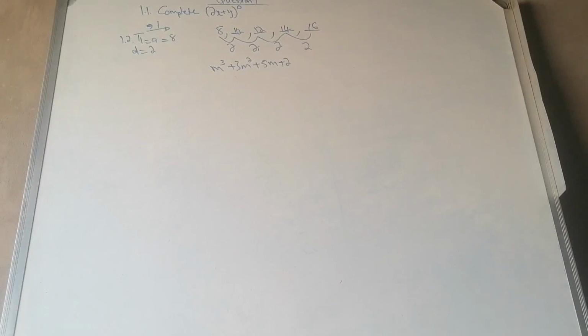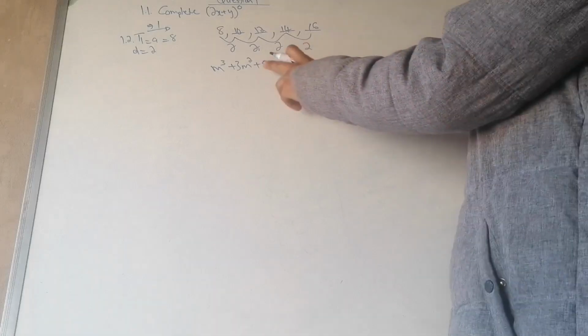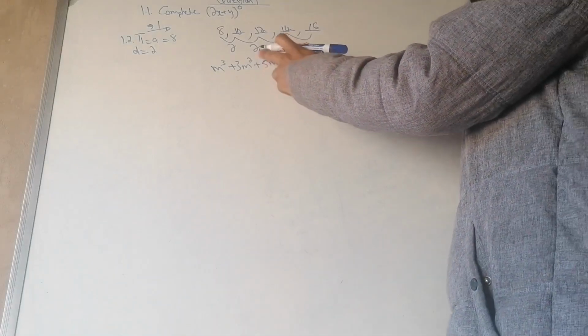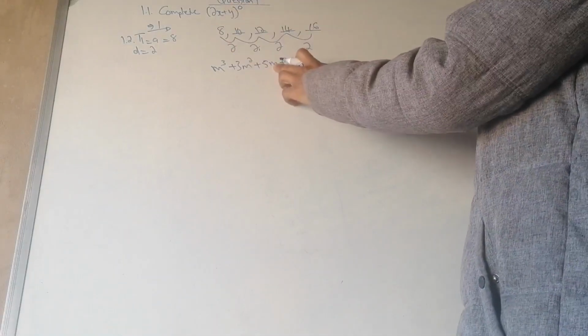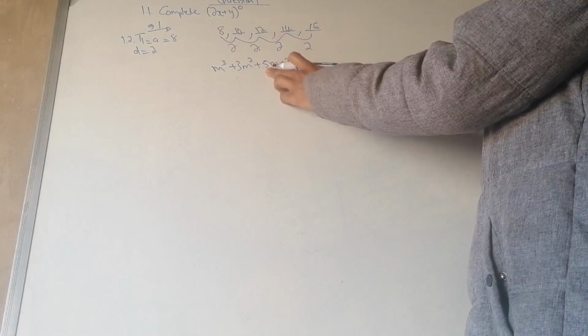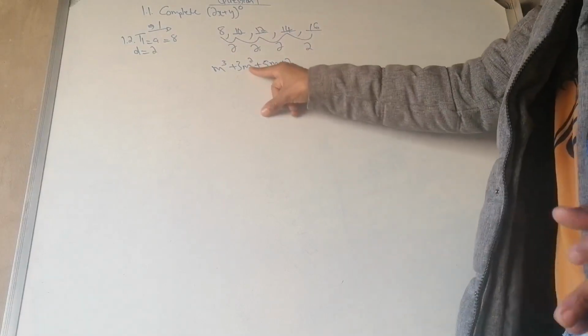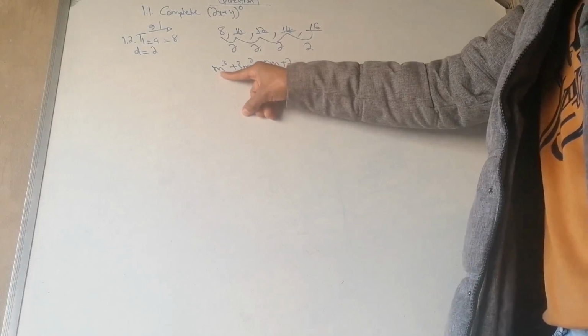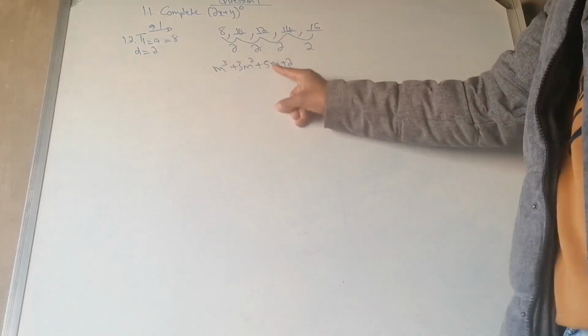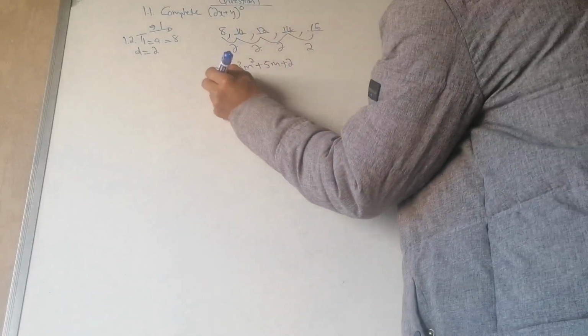Remember, the coefficient of m is the number to the left of m. For m squared the coefficient is 3, for m cubed it is 1. So the coefficient of m is 5.